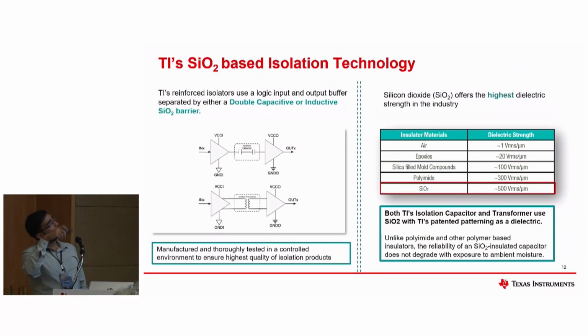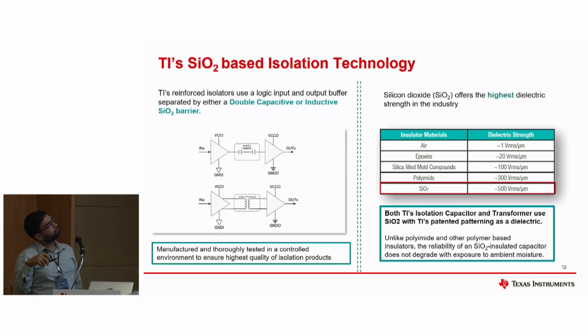So I want you to see this slide here. A few years back, we had only capacitive isolation technology, which is our reinforced isolation tech, homegrown in TI. And over time, in parallel, we have also developed the transformer-based or inductive isolation.